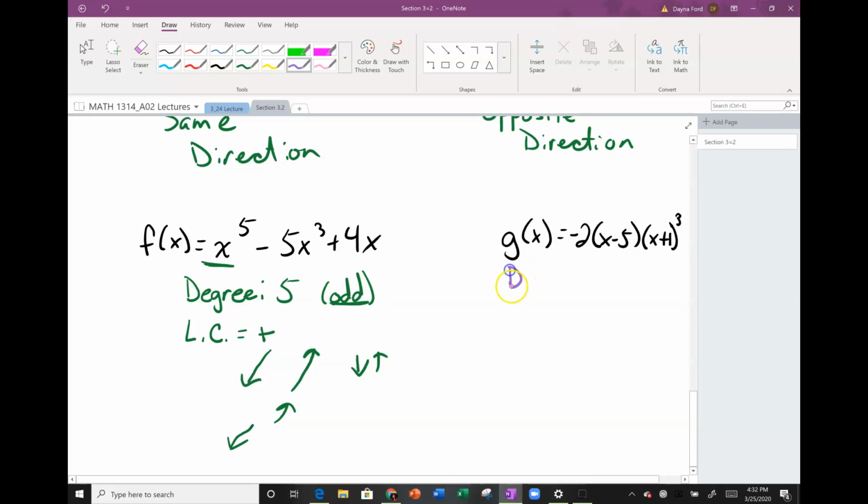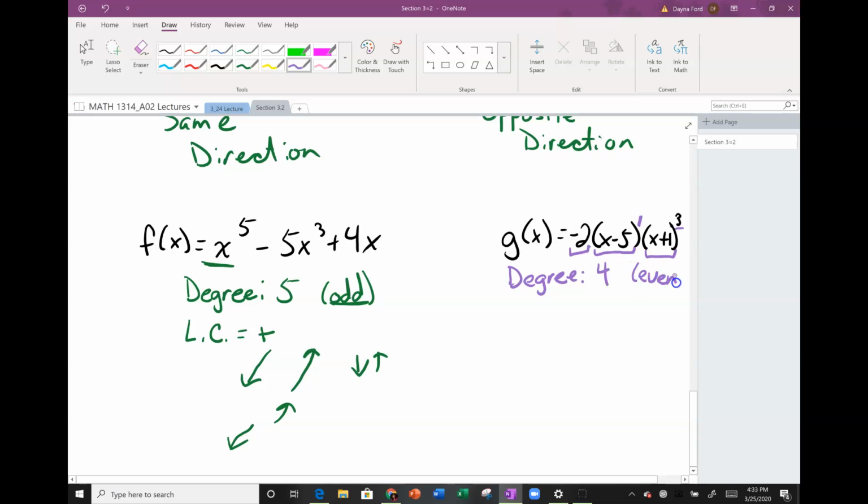Now, on g of x, I'm going to look at my degree. You'll notice that I have 3 terms again, but that first term does not have an x value with it. So I don't have any variables here. The second term has an understood 1, and the third term has an exponent of 3. So I'm going to take that 1 plus 3, so my degree is going to be 4, which is even.